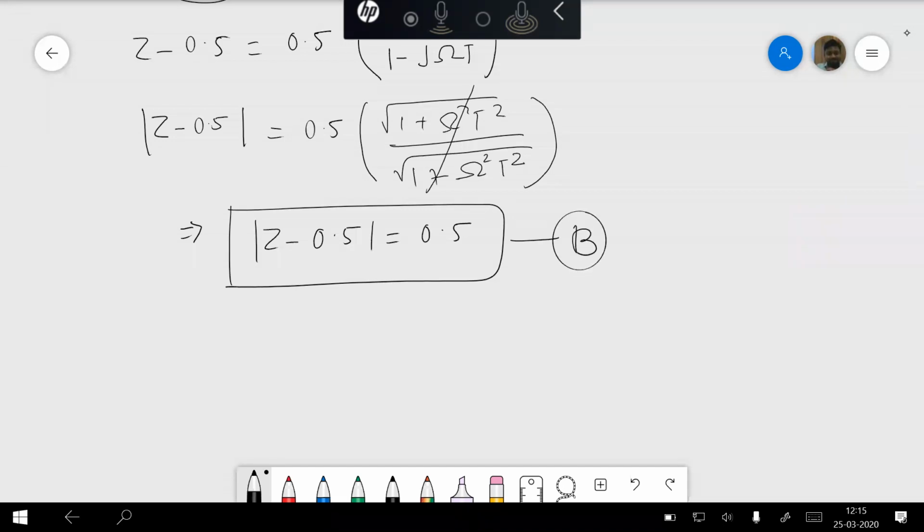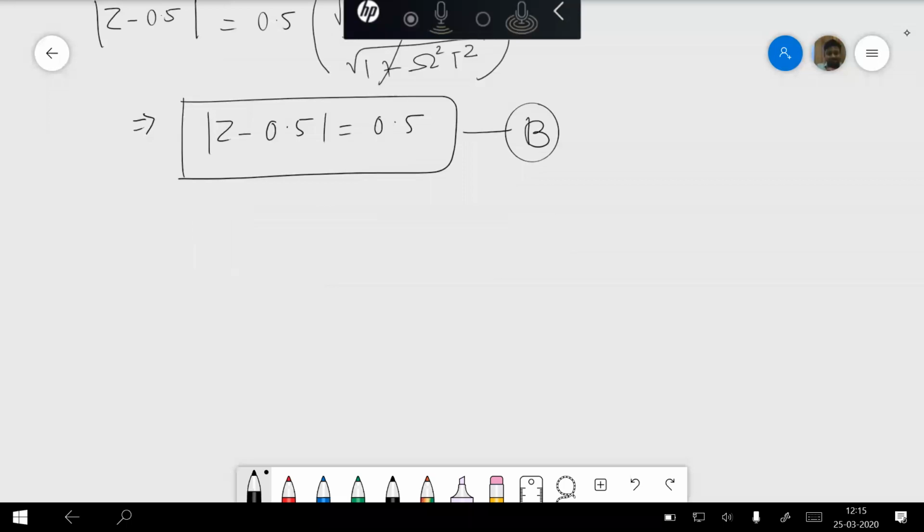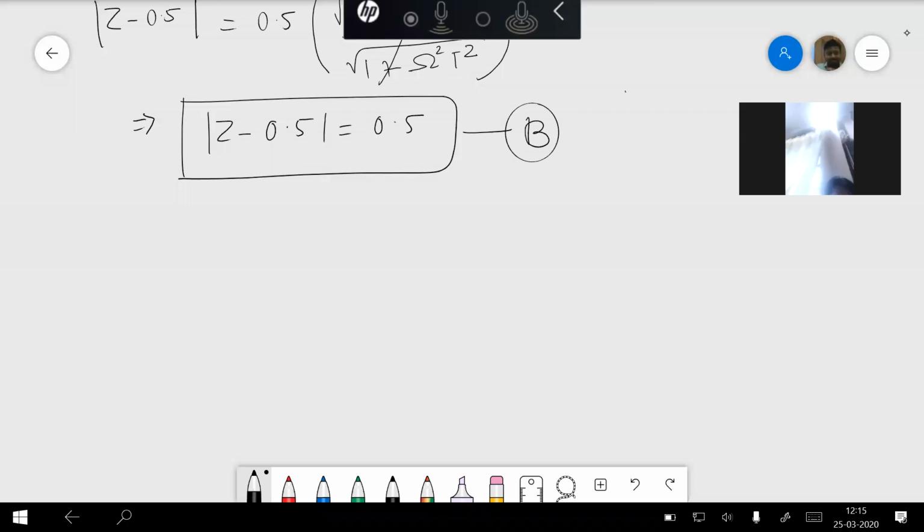So what does this equation signify geometrically? Can anyone tell? We know that while studying the Z transform, we were very clear that z is a complex parameter, right? Like s, z is also a complex parameter. Now, what does this particular equation represent geometrically? Does anybody remember this from complex numbers?